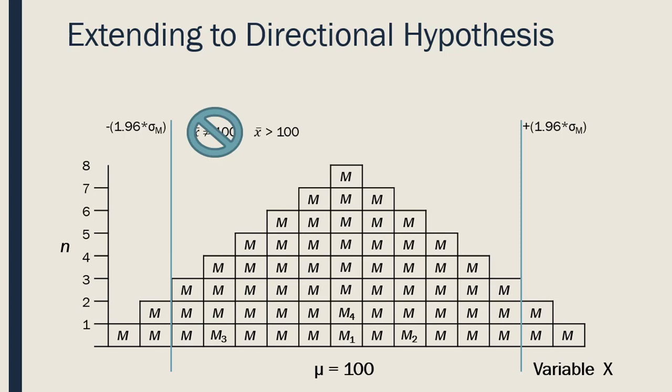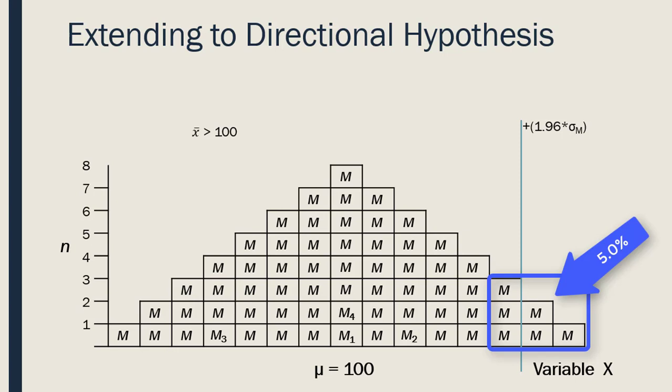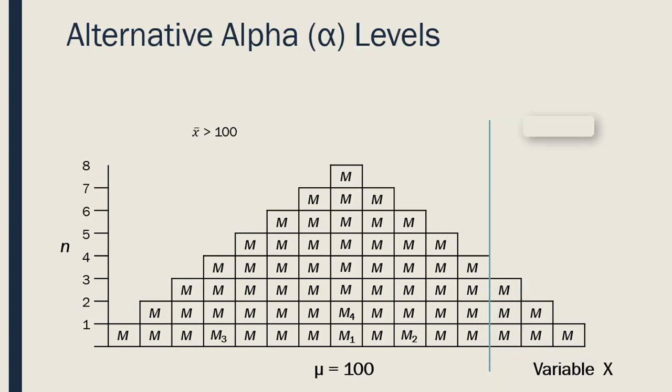This change in our focus also means we can ignore the lower end of our distribution and focus the entire 5% on the upper portion of the distribution rather than splitting the 5%, as we were just discussing, between the top and the bottom of the distribution. This allows us to shift our cutoff. So the sample mean needed for significance is less extreme and only 1.65 standard errors of the mean away from the population mean.